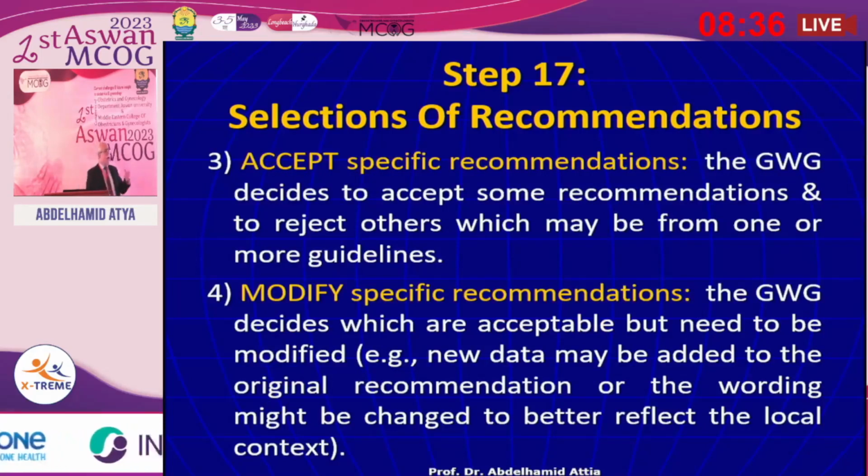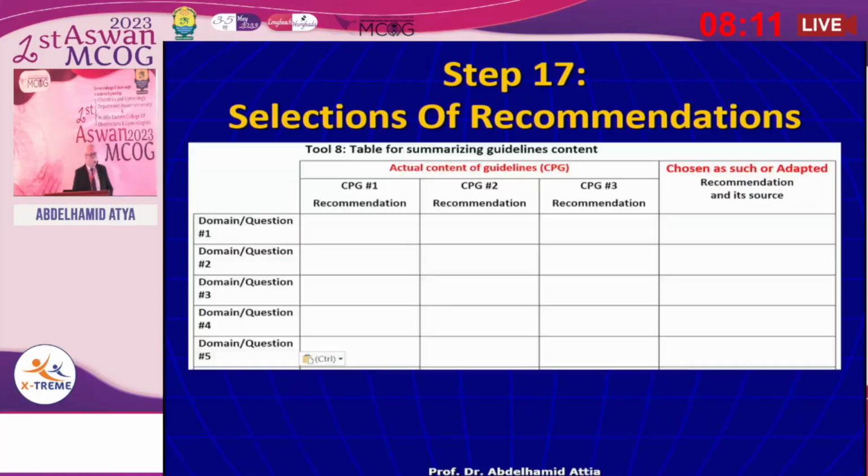Or you can accept specific recommendations from one guideline and other recommendations from another guideline. This is acceptable. Or you can modify a recommendation to suit your local context. So you either take some recommendations from here and there and leave the others, or you modify the recommendations to suit your local needs and your local environment.